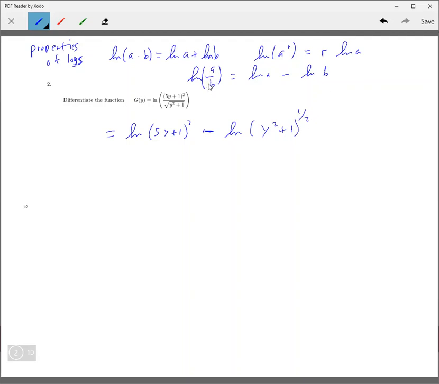It doesn't say keep the sign or whatever, because we're doing this minus, then this is fine. So the square root of something is equal to that something to the 1/2, and that's by this rule here. And then the next thing is we're going to use this rule here. And so this 2 comes down to the front, and the 1/2 comes down to the front.